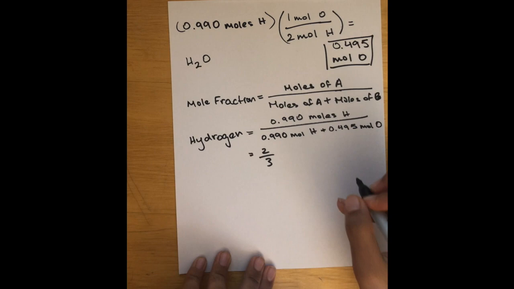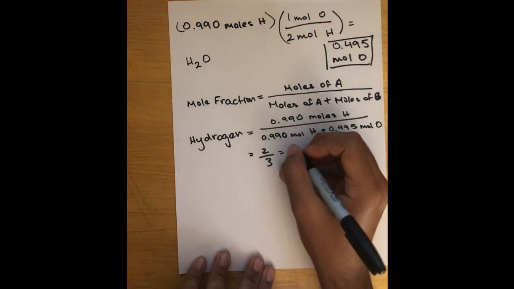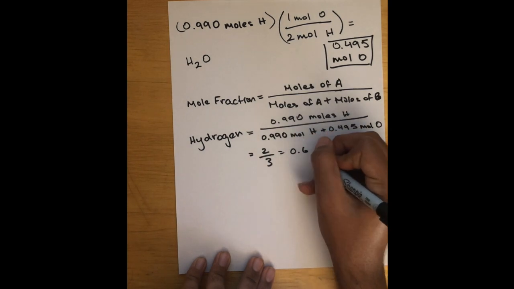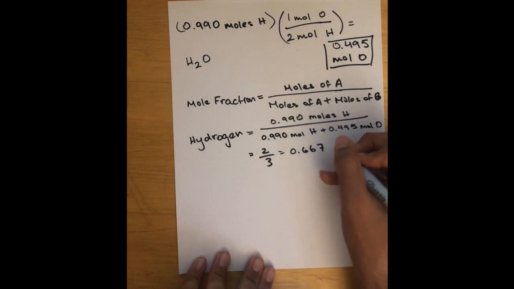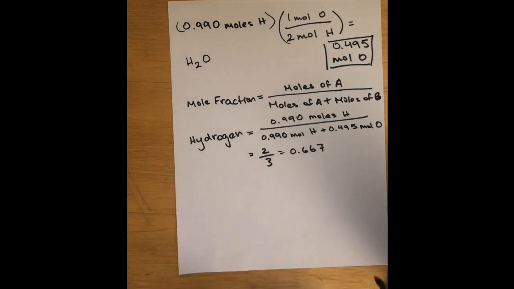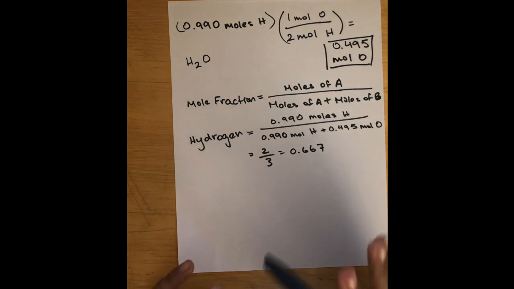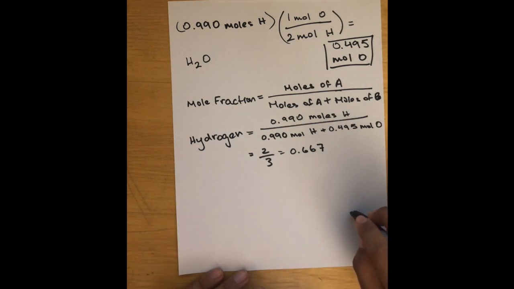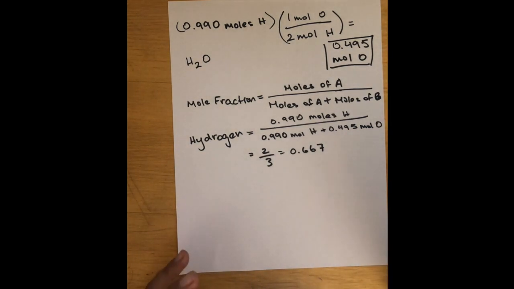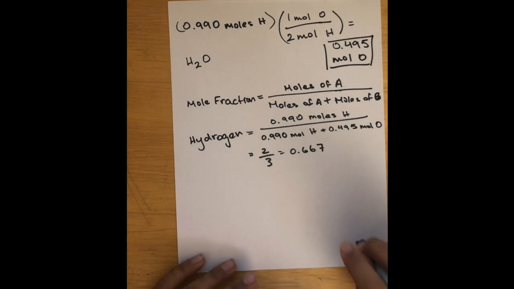But in chemistry, you would, with significant figures, write 0.667, and that would be your mole fraction. Remember, for this, you do not have any other information you need to give, because you know now that the ratio of moles of hydrogen to moles present in the substance is 0.667.